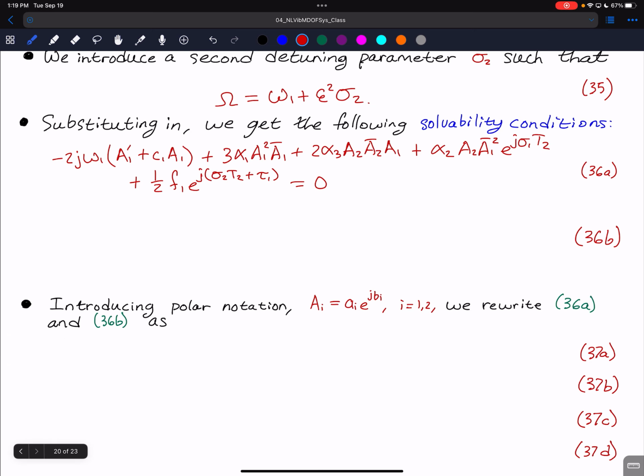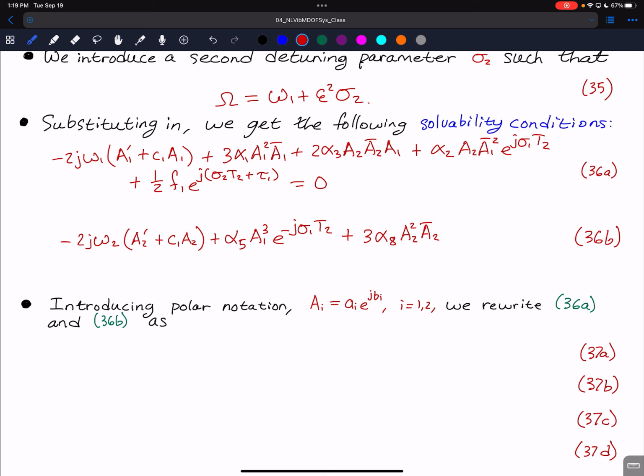And then in our second equation, we will get minus 2j omega 2 times A2 prime plus C2 A2, plus alpha 5 A1 cubed e to the minus j sigma 1 T2, plus 3 alpha 8 times A2 squared A2 bar, plus 2 alpha 6 A1 A1 bar times A2, and that's all equal to 0.